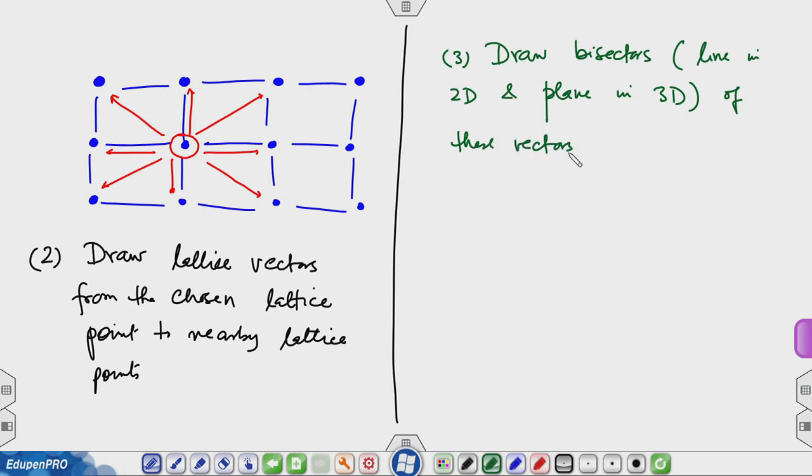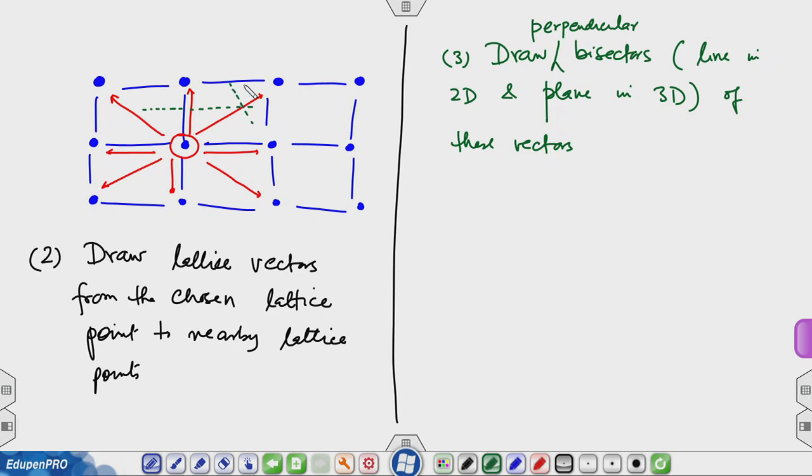So, let us do that. I will draw these perpendicular bisectors. So, I should write perpendicular bisectors. So, these are going to be perpendicular.